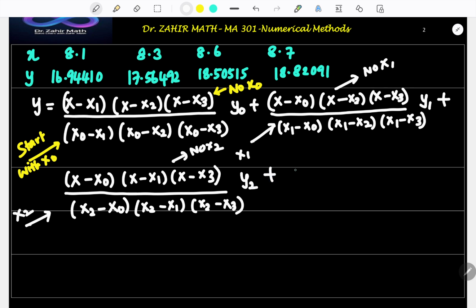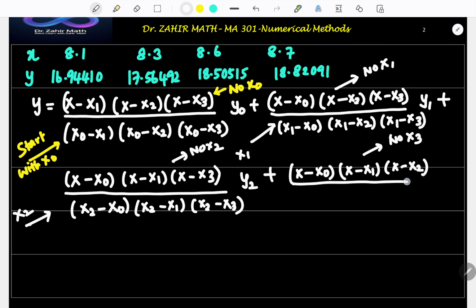Plus, you write the formula next: x minus x0, what should it be here? No x3, right? x minus x0, x minus x1, x minus x2, right? Over, you're going to start from x3. So x3 minus x0, x3 minus x1 and x3 minus x2, times y3.